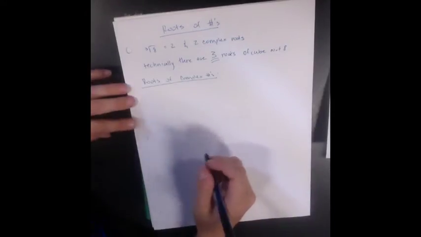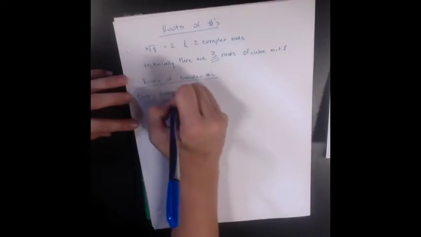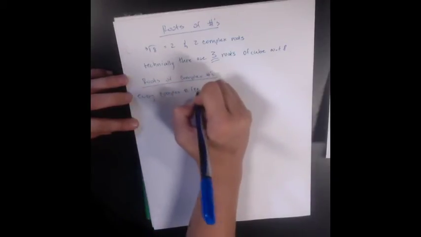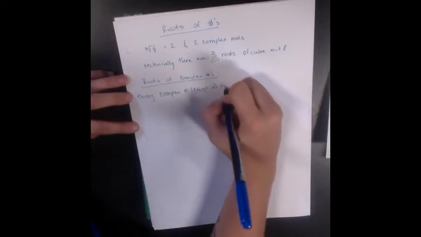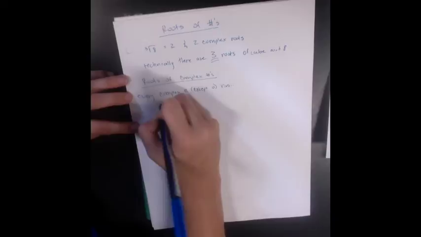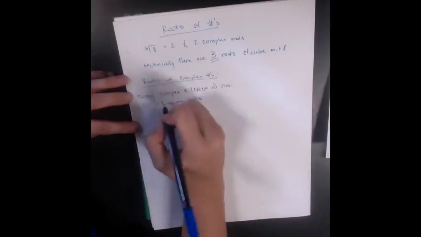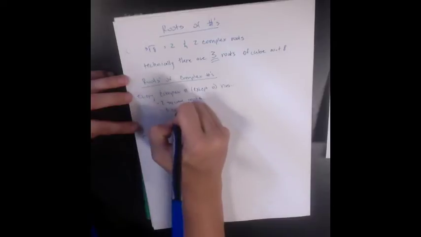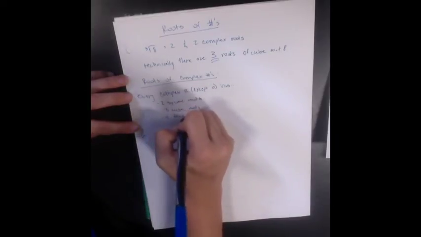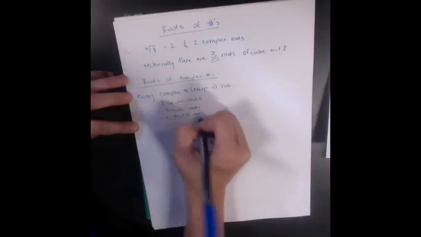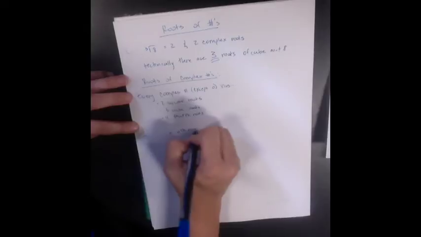Every complex number except 0 has 2 square roots, 3 cube roots, 4 fourth roots, and so on and so forth, and nth roots.